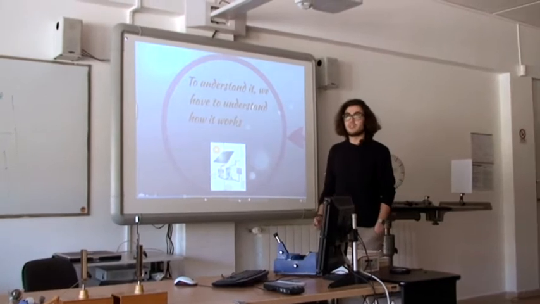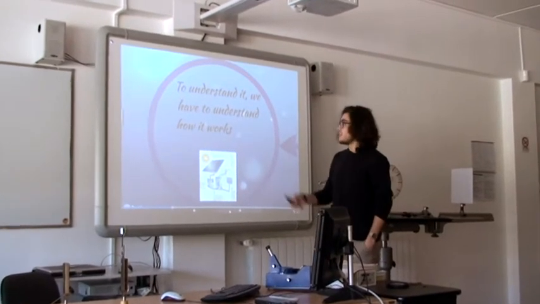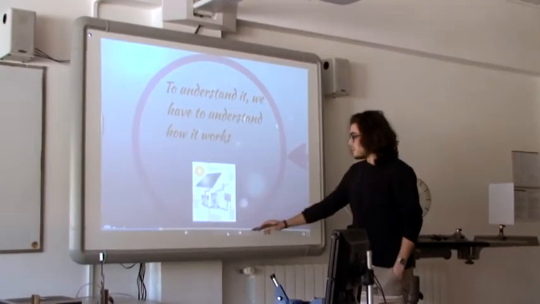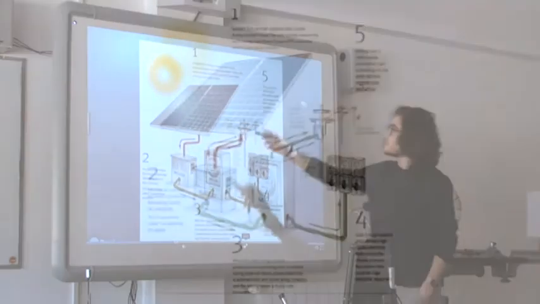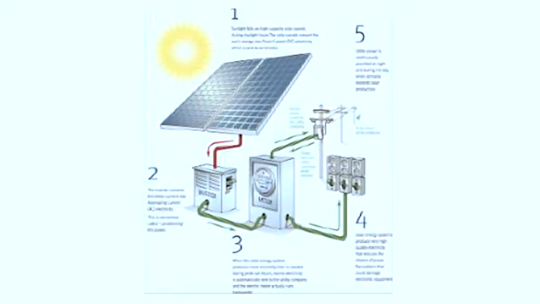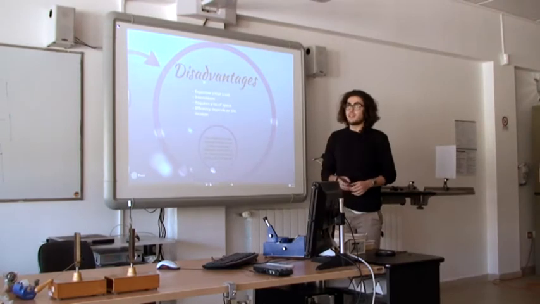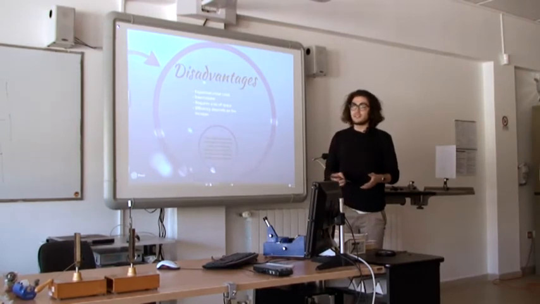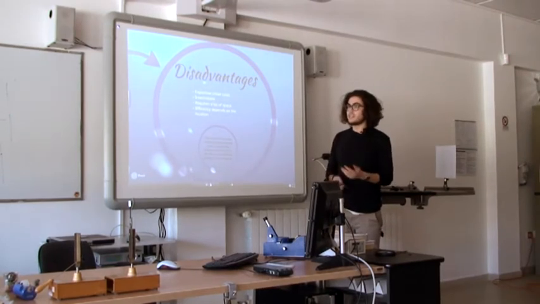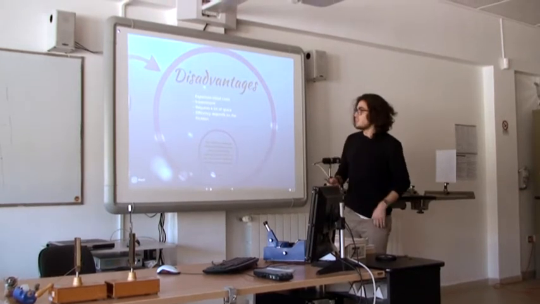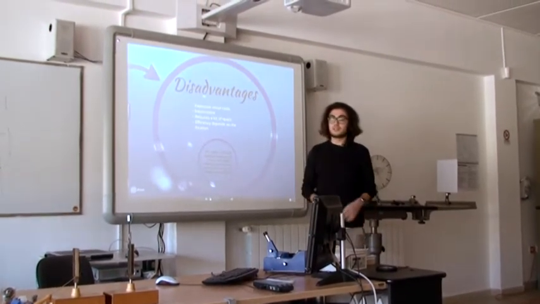When we talk about solar power, we have to first understand how it works. First of all, we have, as a first step, the solar panels. When we have the advantages, we also have disadvantages. In fact, when we talk about solar panels and solar energy in general, we have an expensive initial cost.